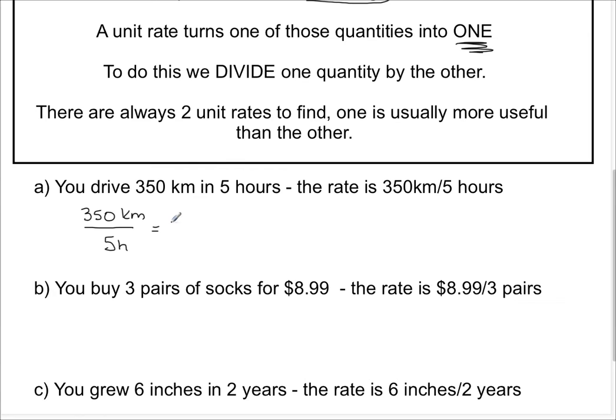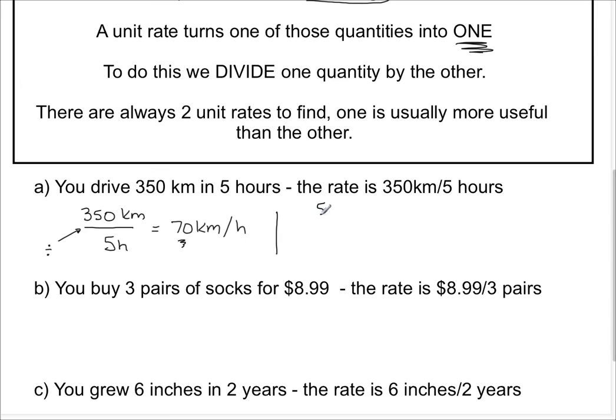So that's 70. That is how many kilometers we drive in 1 hour. When we type that into the calculator, we use the division key. Every hour we drive, we go 70 kilometers.